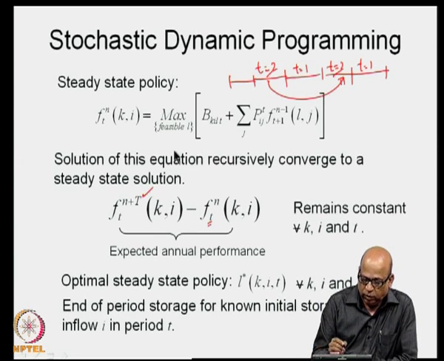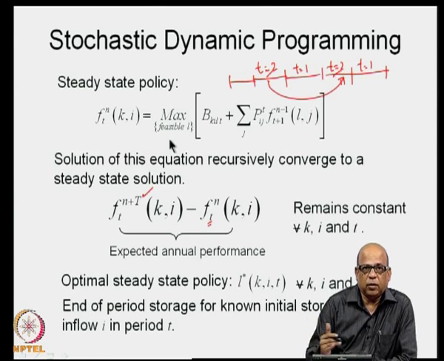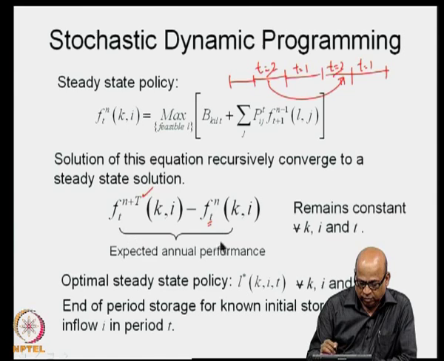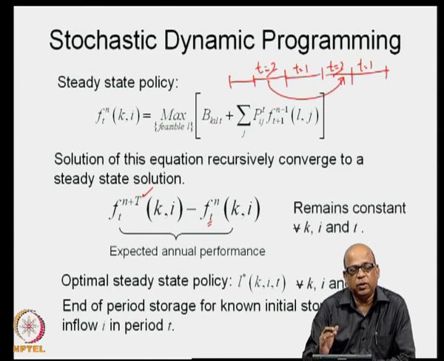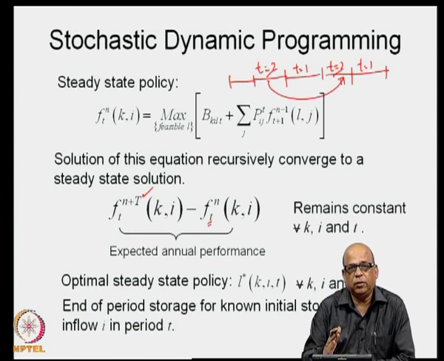So, we keep solving this recursively in the backward direction and keep checking for this value, that is the annual system performance. So, when the expected annual system performance reaches a constant value, nearly a constant value, then we say that the steady state policy has been reached, and then we terminate the computation.